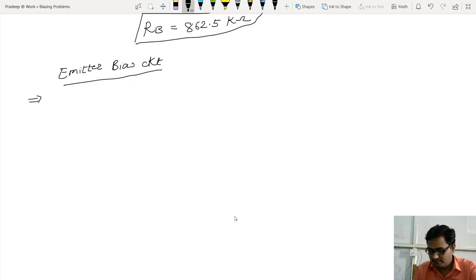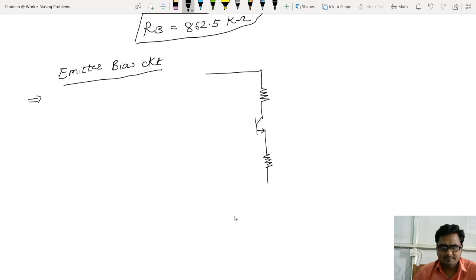Now let me check what kind of numerical I have. Again, the same type of numerical we have. They have given a circuit diagram. This circuit diagram is given. In the emitter bias, one emitter resistor must be there.